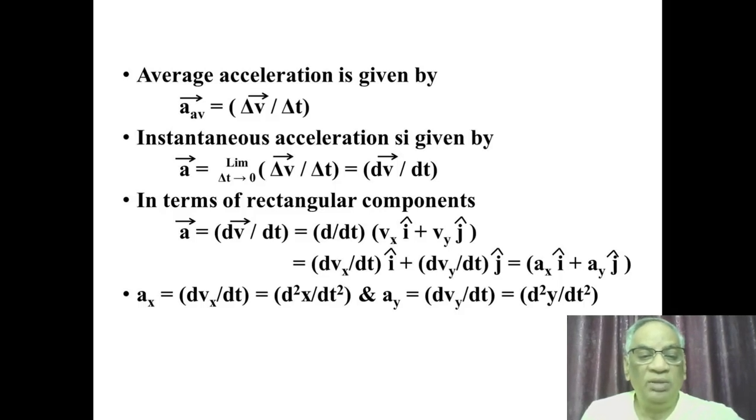So a bar is equal to ax i bar plus ay j bar. Further, ax is equal to dvx by dt, that is d square x by dt square, and ay is equal to dvy by dt, that is d square y by dt square. That is the second differential of displacement, or the first differential of velocity.